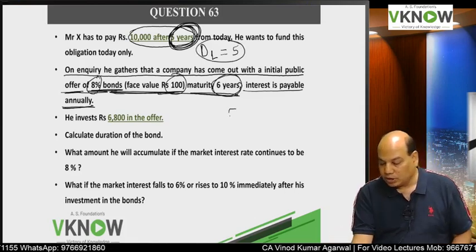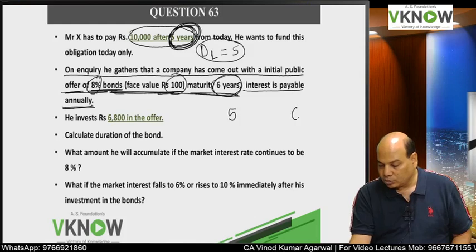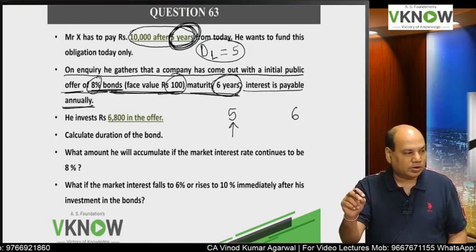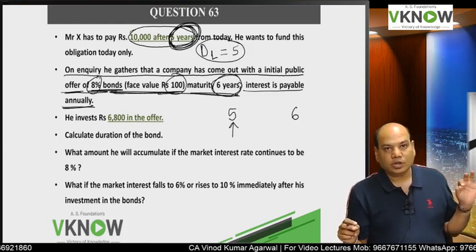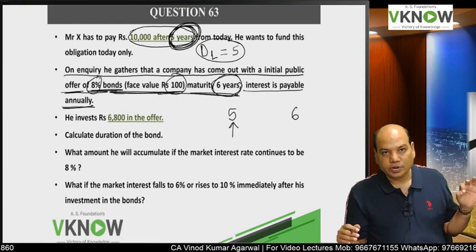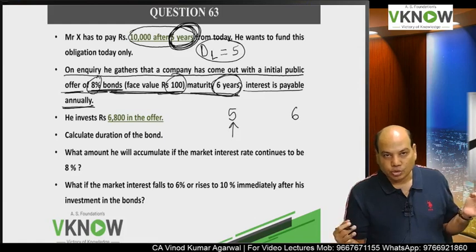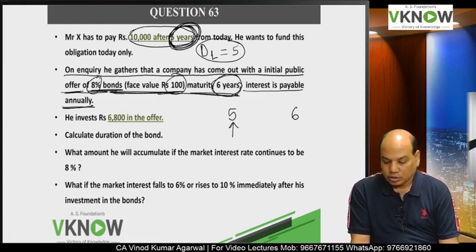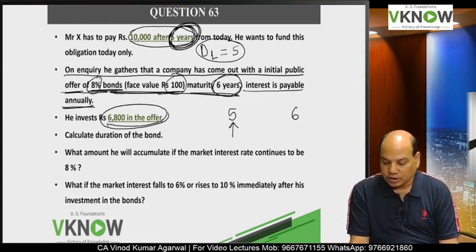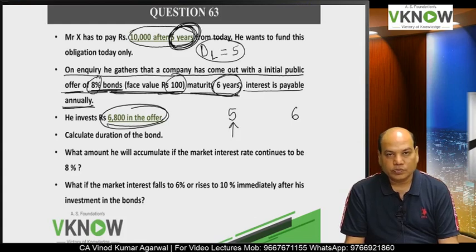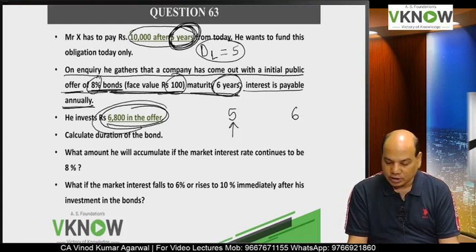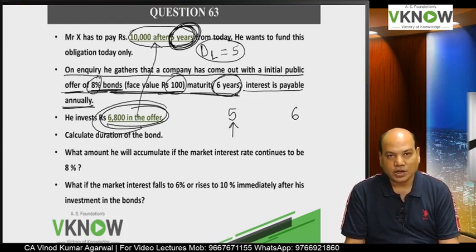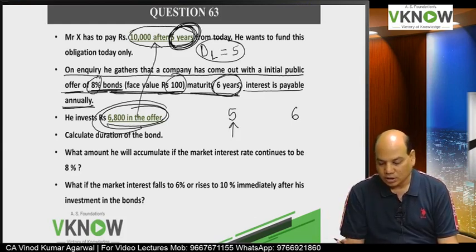If you want money after 5 years and the term to maturity is 6 years, you will have to sell the bond at the end of 5th year, and at the end of 5th year, if the interest rate has changed, you might gain or you might lose. He invests 6,800 in the offer because he wanted to ensure that this 6,800 with coupons will become 10,000 rupees after 5 years and he can pay his liability.